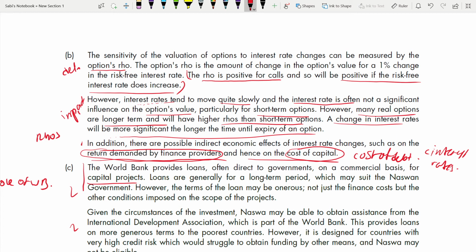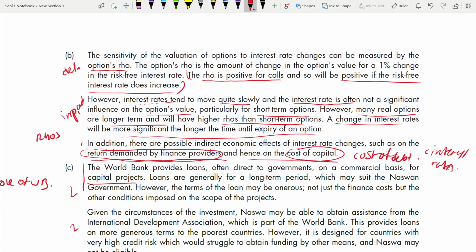For a 6-month need, you are not going to the World Bank; you don't require it. You can take a normal bank loan. So you have to mention that it is a loan direct to government on a commercial basis for capital projects.